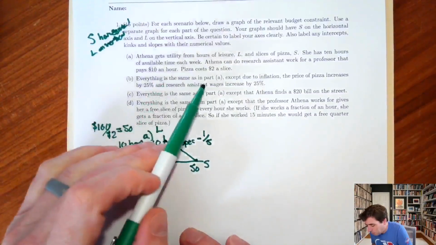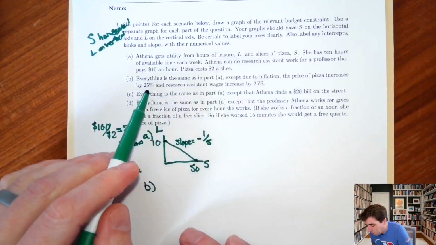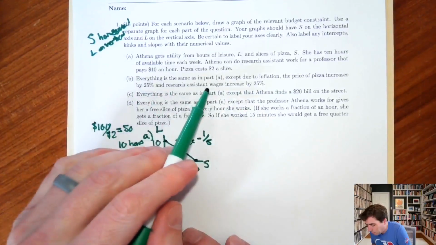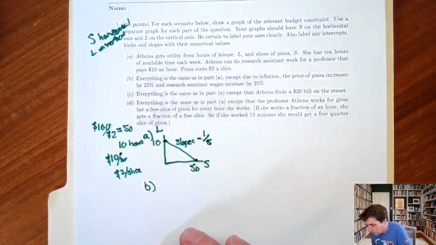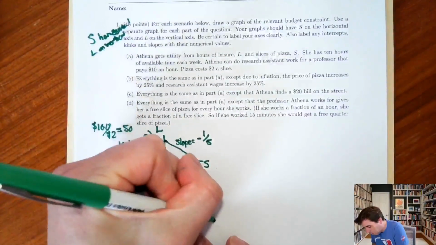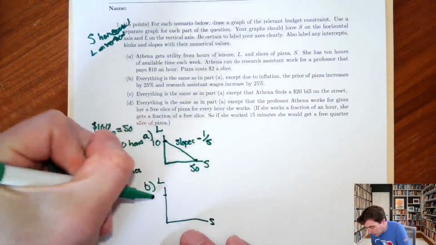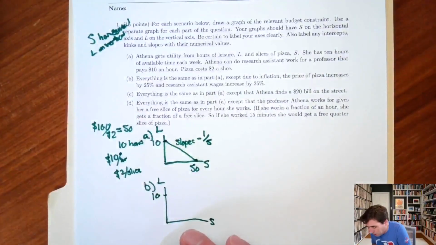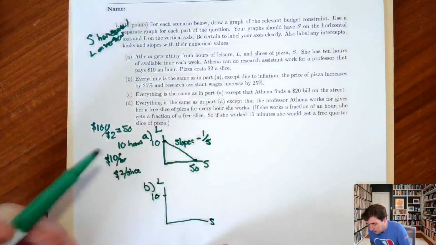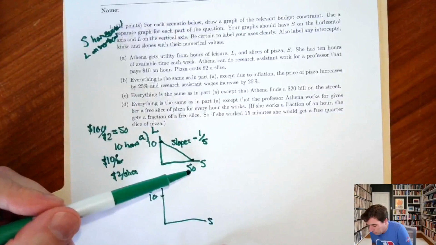Everything is the same as in part A, except due to inflation, the price of pizza increases by 25%, and research assistant wages increase by 25%. Once again, right off the bat, I want to get my axes right here. 10 hours is still 10 hours. Nothing has changed there. Now, where did this number come from?